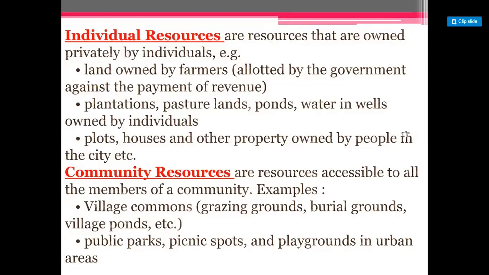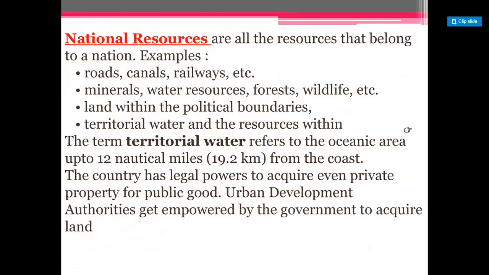Now, after that, national resources. As it says by name, resources that belong to the nation. National resources include railways, forests, land within political boundaries, and oceanic areas up to 12 nautical miles from the coast, and that is also called territorial water.